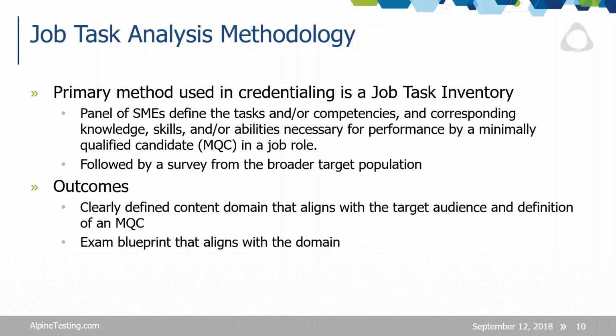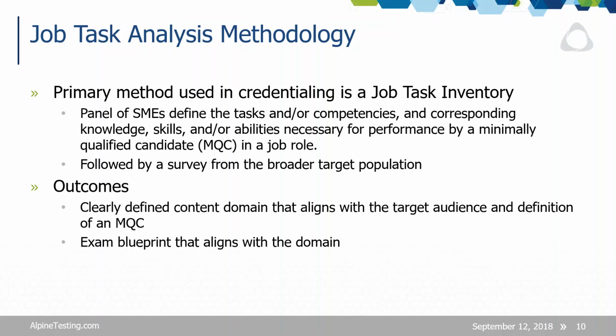For a job task inventory, one of the common methodologies is bringing a panel of subject matter experts, folks who are working in that field, to talk about what they do on the job, what kind of tasks or competencies or skills or areas of knowledge is necessary to meet some minimum level of performance.